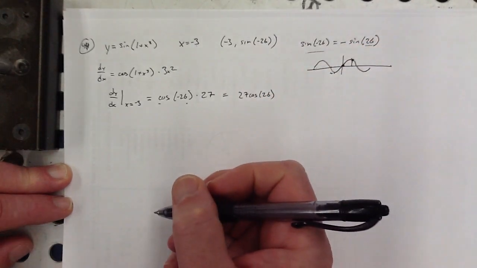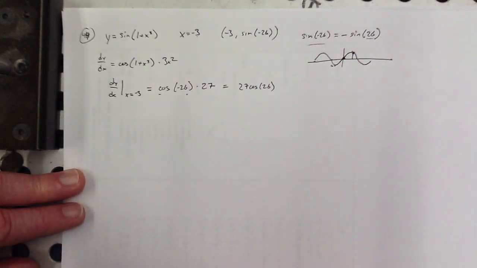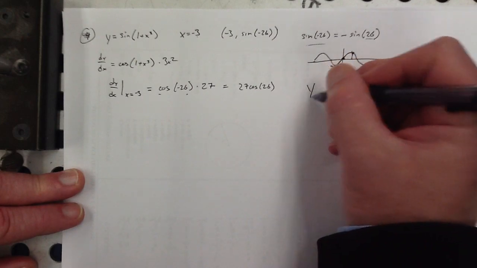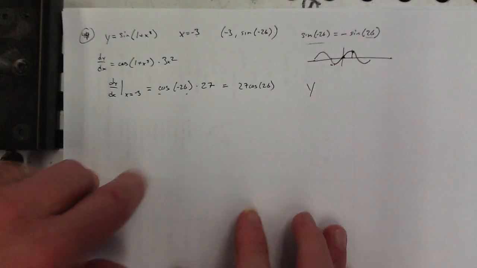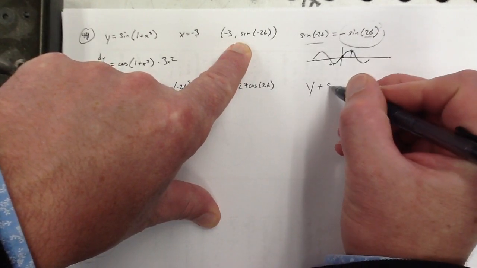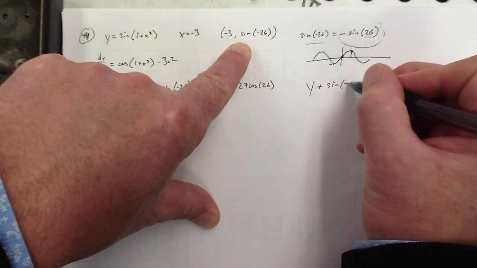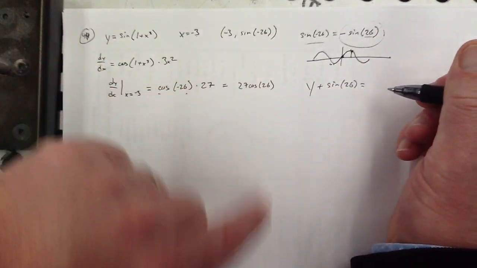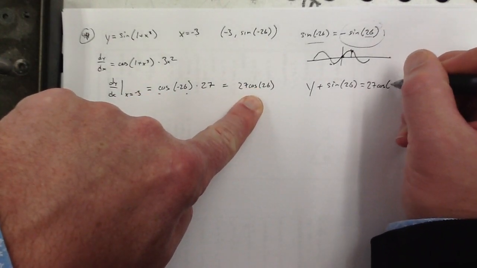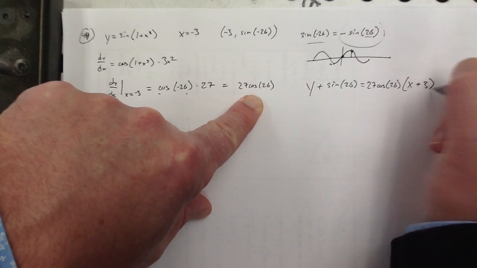If this was a quiz question, you wouldn't have to do that, but I just want you to understand that it can be done. So here's my point, except I think they're going to use this version of it. So this is y minus y equals the slope times x minus x.